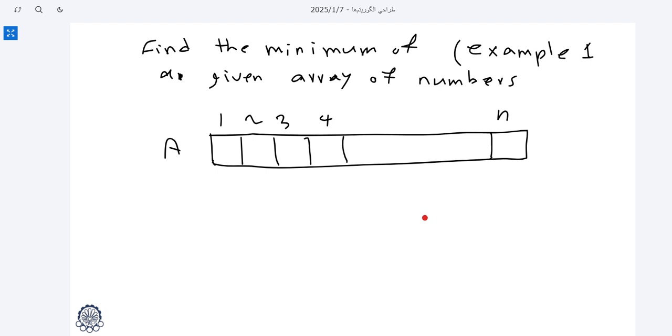If you are going to solve this problem by the divide and conquer approach, we should at first divide the problem into some smaller problems. The original problem is that we have an array of n numbers, and we are going to find the minimum number among these n numbers.